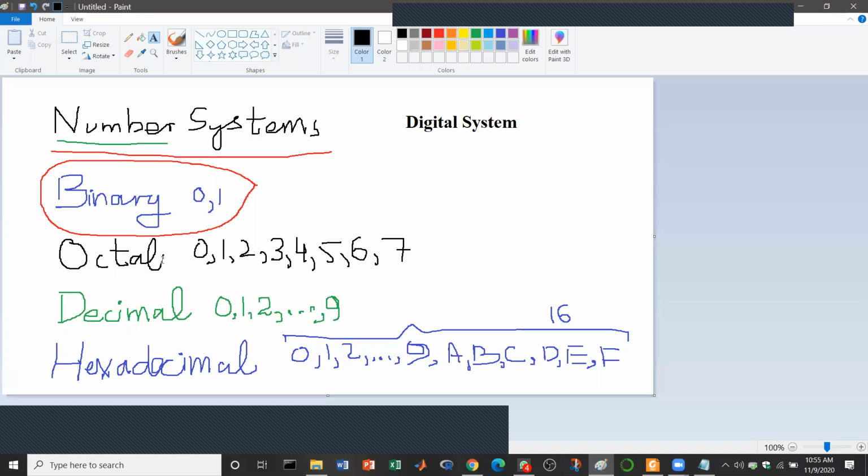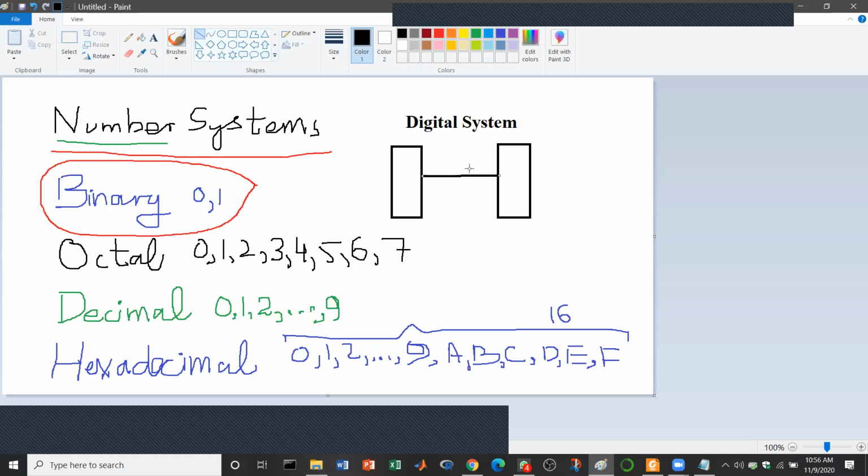Now, moving towards the octal. Why is octal important? Because the data lines between two components inside a digital system are composed of 8 lines.